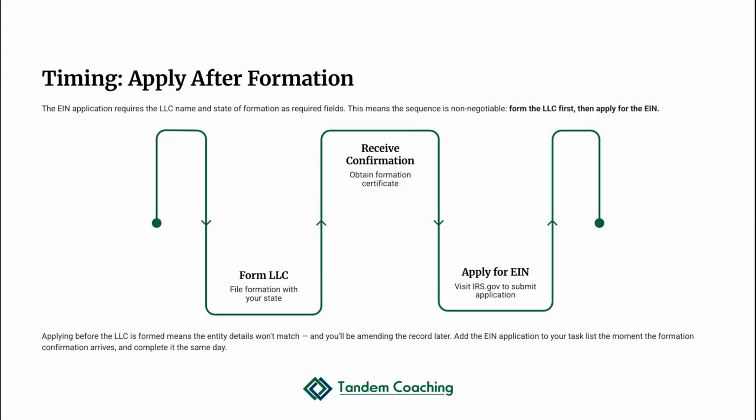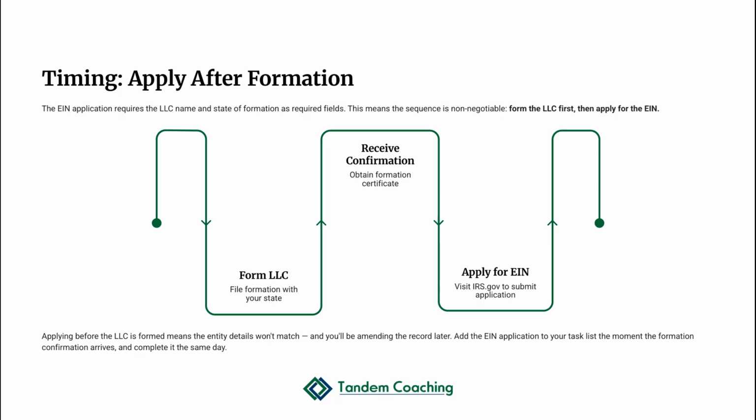Timing the EIN application relative to LLC formation matters because the application asks for the entity. The right sequence is LLC formation confirmation comes back from the state, then EIN application. The IRS application asks for the LLC's legal name and state of formation as required fields.